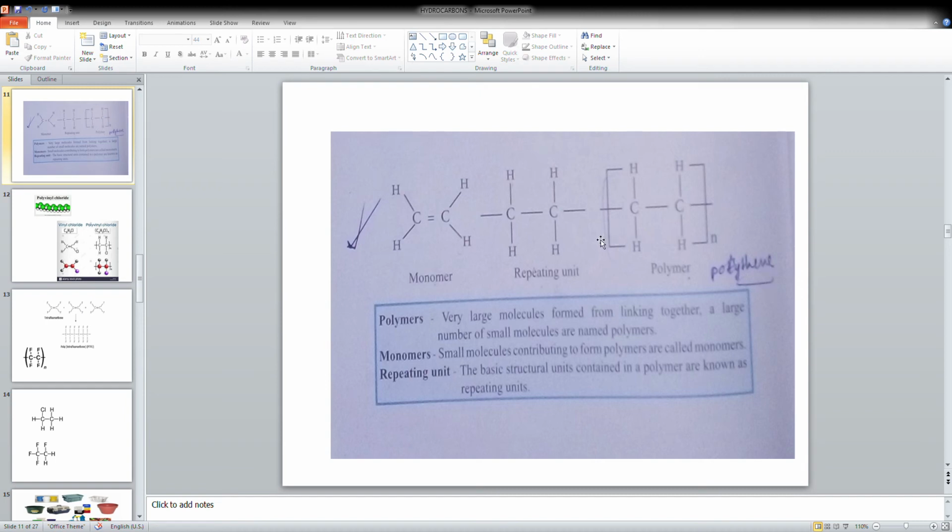In between, in the process, we first have to break this double bond, and likewise we connect all these molecules together, large in number. This kind of structure we call the repeating unit. Repeating unit means that a large number of these molecules together give us this polymer. So this structure we call the repeating unit.